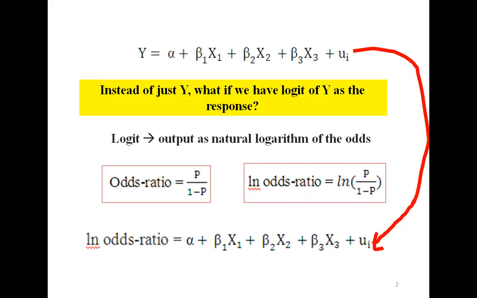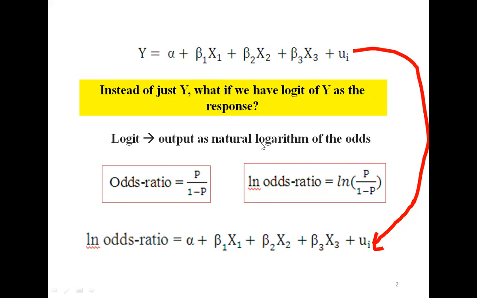But here, the thing is that when the dependent variable happens to be dichotomous, binary, consisting of binary responses instead of continuous, then what to do? So that is why we have logistic regression, where instead of just y we have logit of y, that is, we have output as the natural logarithm of the odds.